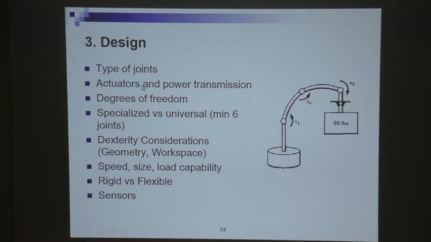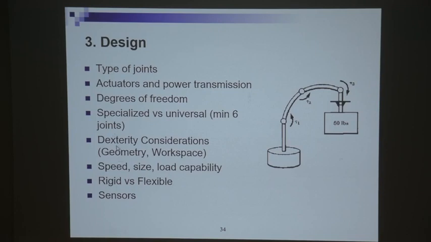The type of joints is the first thing that you have to consider when you design a robot. And then you also need to consider the actuator, meaning motors, as well as the power transmission, and then the degrees of freedom, whether it is going to be a specialized or a universal robot.